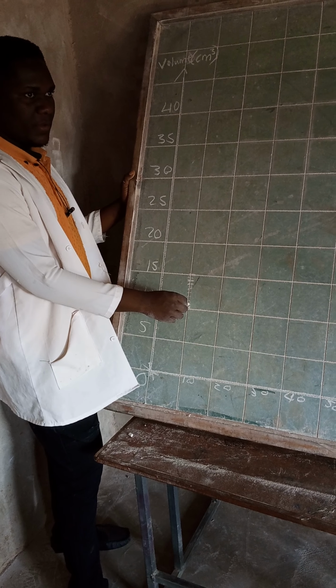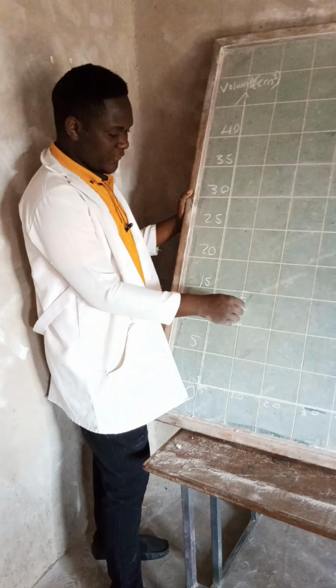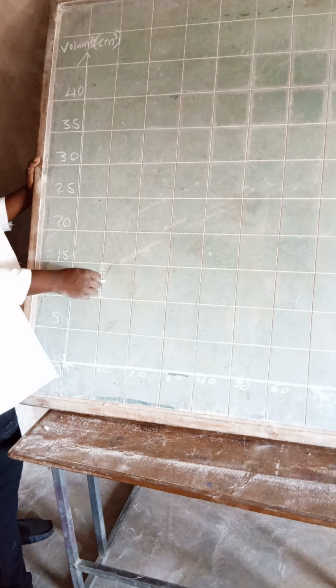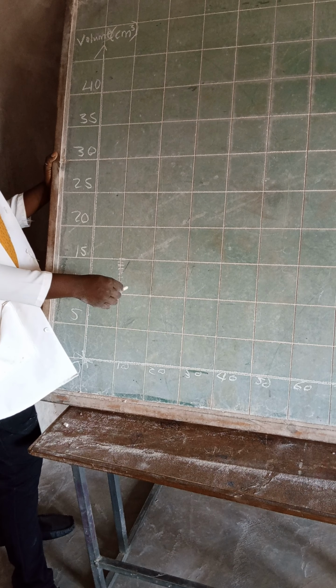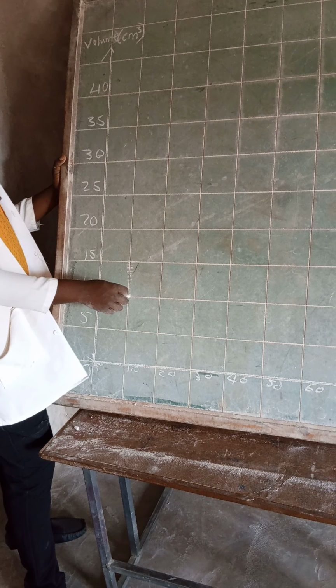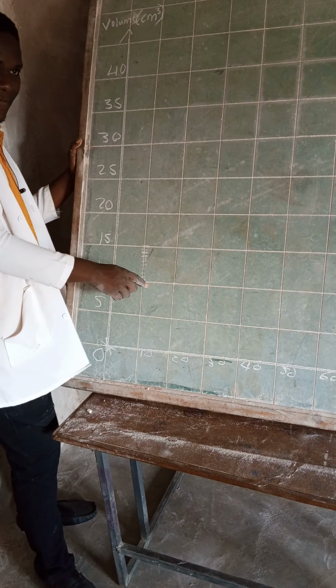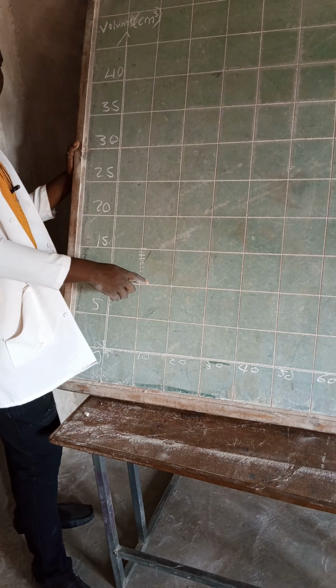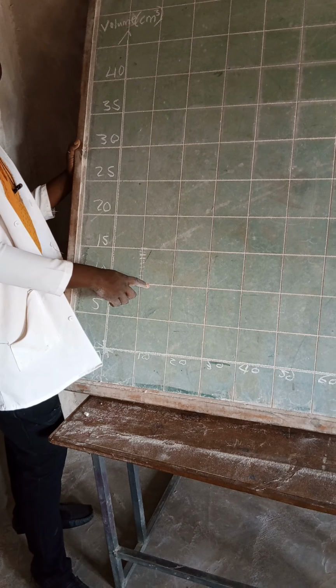No. Because if it was so, 15 was going to be here, right? So each box is representing 0.5. Are we together? Each box is representing 0.5 and not 10 units.